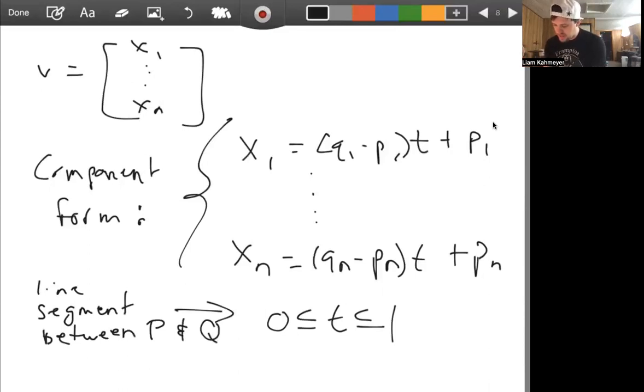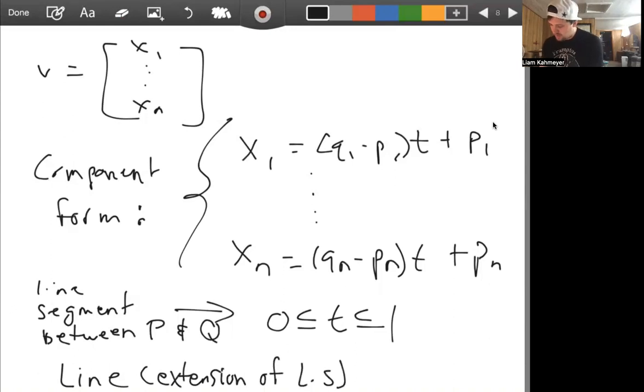For the extension of the line segment, well, then you would let T vary infinitely, right? So from 0 to 1, you've described this line segment. And then if you let T expand from negative infinity to infinity, then you get that entire line.